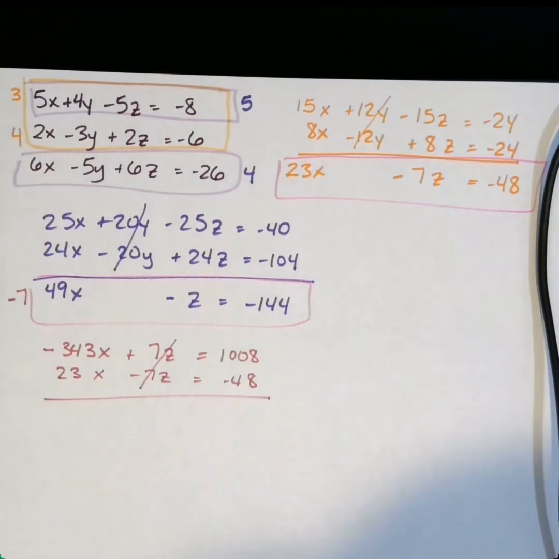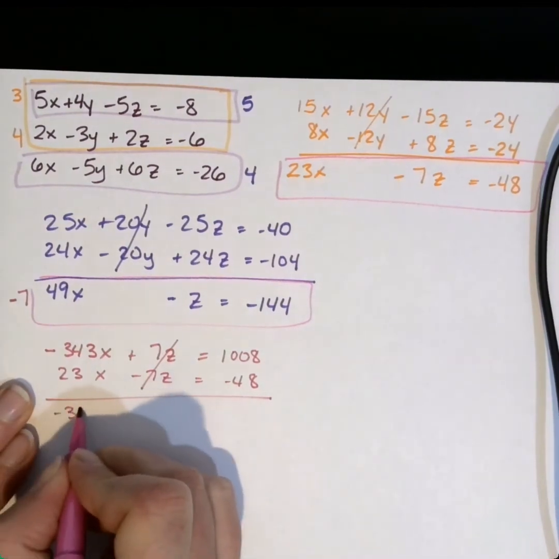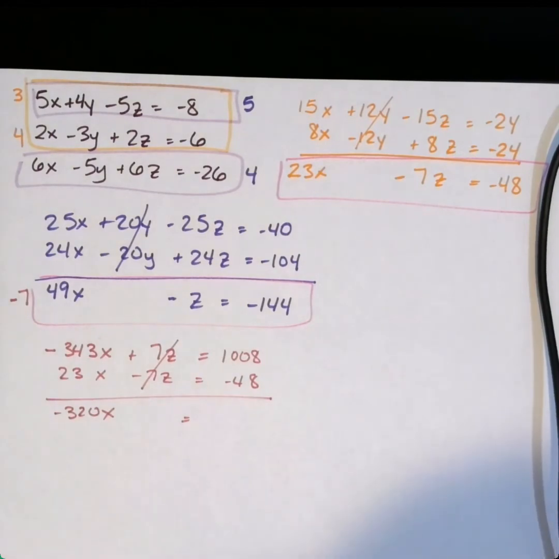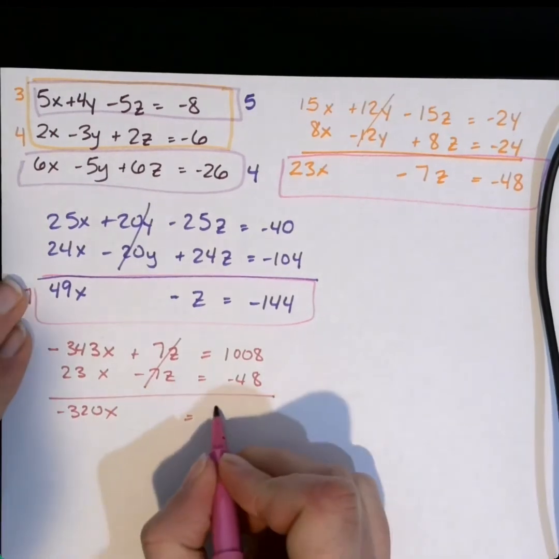Okay, so I've got negative 343 plus 23. That gives us negative 320x equals, and I've got 1008 minus 48, which gives us, I typed that wrong, there we go, which gives us 960.